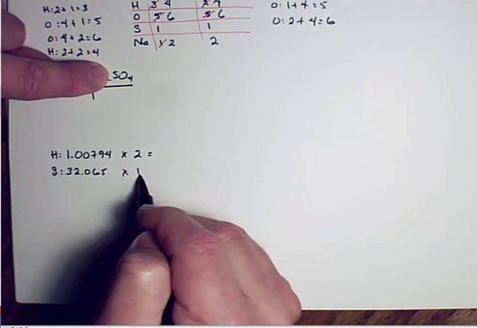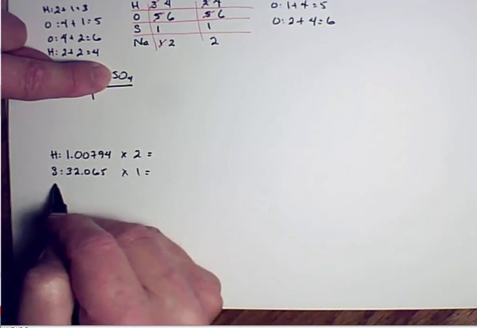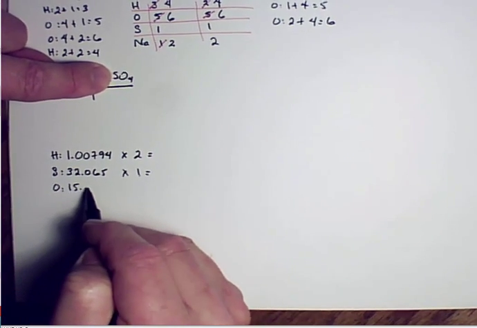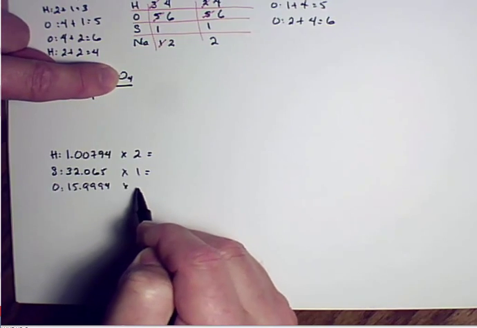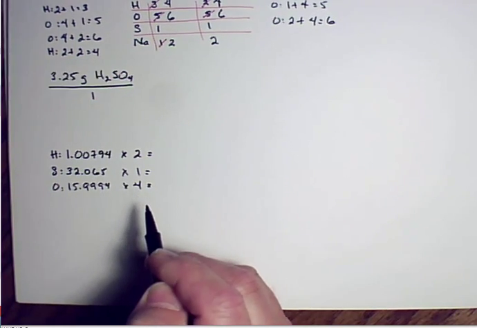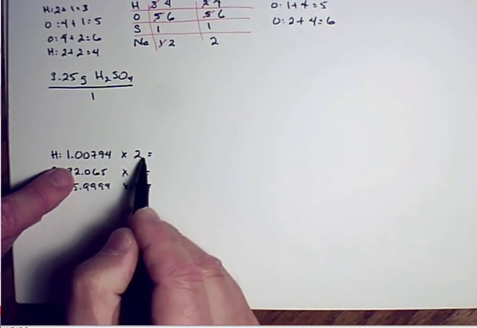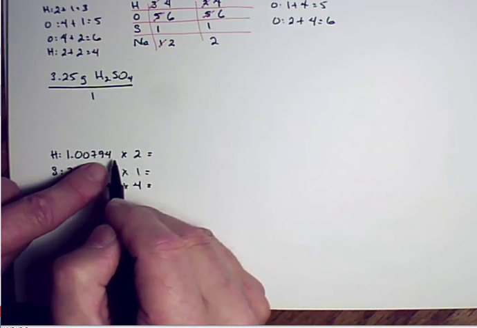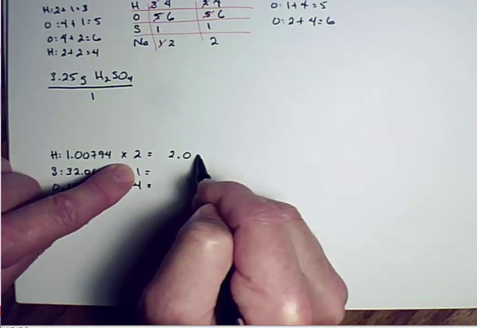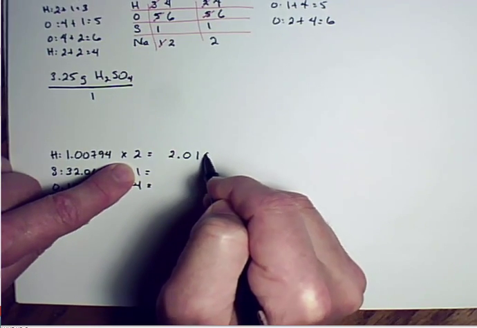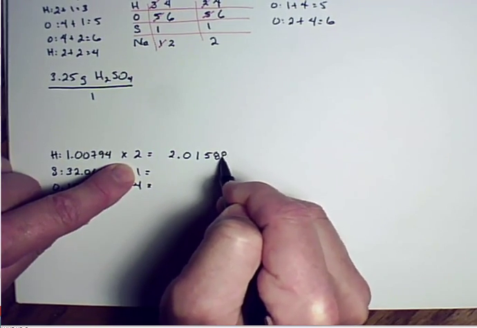We have 1 in the formula, and then we got oxygen, which is 15.9994, and there are 4 of those. And we simply multiply 1 times this, 1.00794 times 2. That gives us 2.01588.